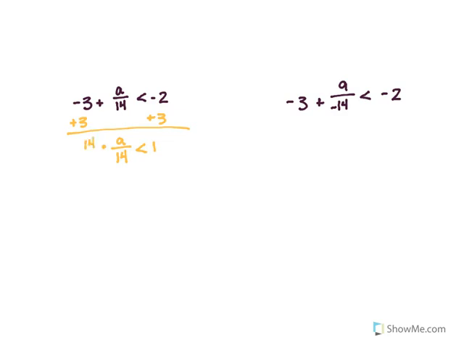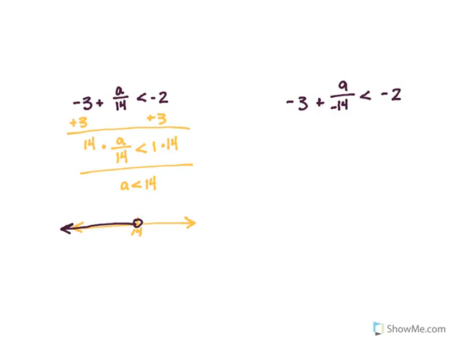We need to multiply by 14. So we get a is less than 14. Remember, we're multiplying by a positive, so we do not need to change the direction of the sign. Okay, 14 is not included, and a is everything less than that.